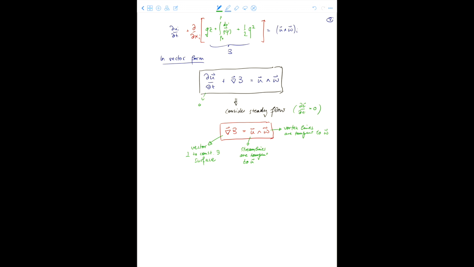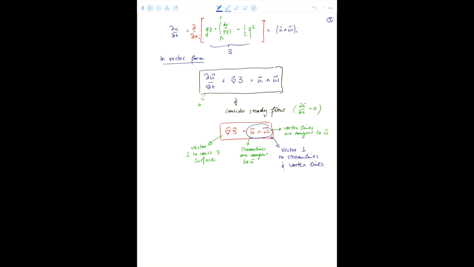So if we take the cross product of those two, we must get a vector on the right-hand side that is perpendicular to the streamlines and the vortex lines.